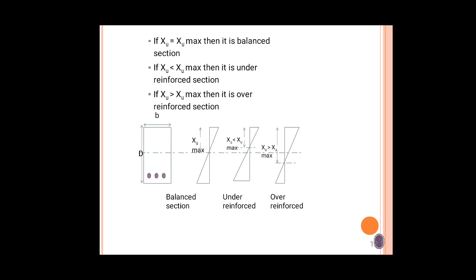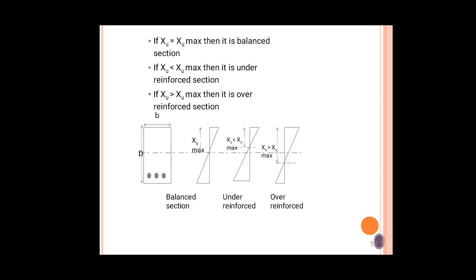If the depth of neutral axis is equal to the maximum depth of neutral axis, then it is known as a balanced section. If it is less than the maximum depth, then it is an under reinforced section, and if it is greater than the maximum depth, then it is an over reinforced section. First, what do we mean by a balanced section? A balanced section is a section in which the tensile steel reaches yield strength as the concrete reaches failure strain, which means concrete and steel will fail at the same time.